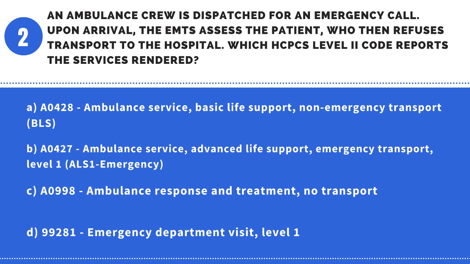Question 2. An ambulance crew is dispatched for an emergency call. Upon arrival, the EMTs assess the patient, who then refuses transport to the hospital. Which HCPCS Level II code reports the services rendered? A. A0428 Ambulance Service, Basic Life Support, Non-Emergency Transport, BLS.